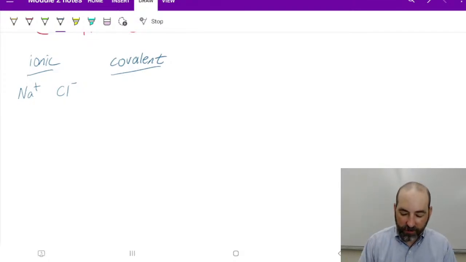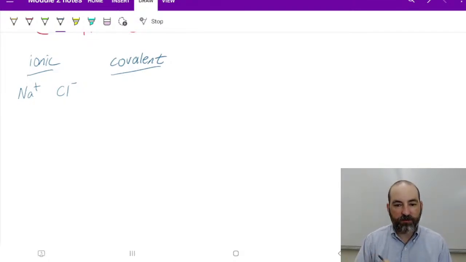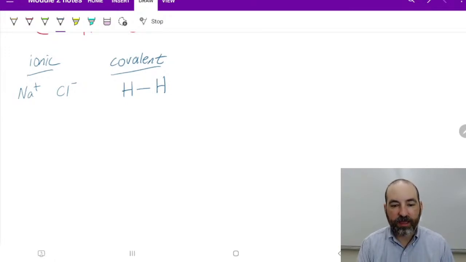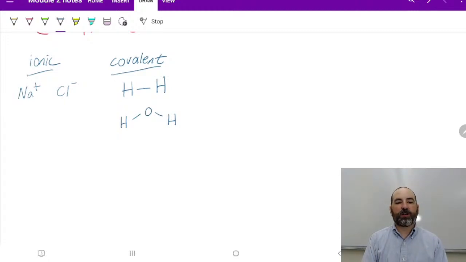What we're going to focus on this week is these covalent compounds where atoms actually share electrons with each other. So this is probably what you're more used to seeing with chemical compounds, this line in between two atoms. Something like that, or water has this sort of structure.